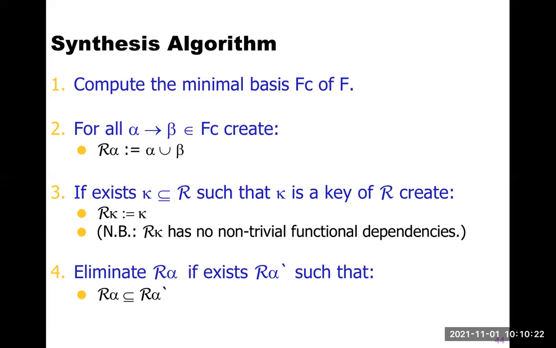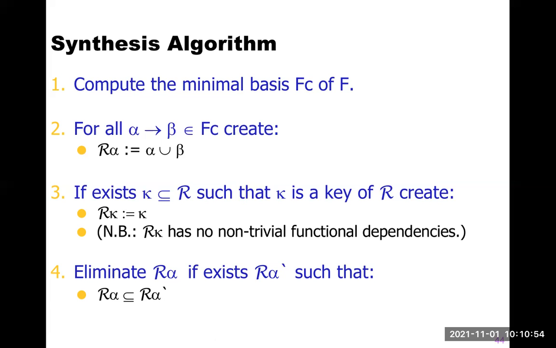And then we can find trivial tables, or tables that are just subsets of one another. So I have a table of AB and another table of ABC. Why do I need to keep AB if I have ABC? I need to drop AB, eliminate AB, and leave only the bigger table, the table with the bigger number of columns.